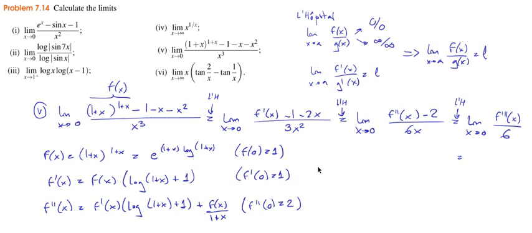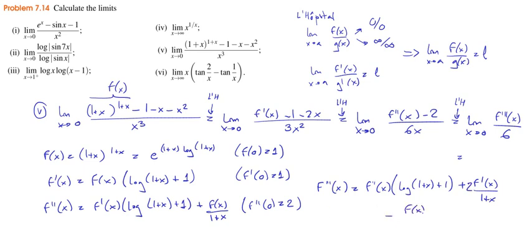And now the third derivative of f, let me write it here, for instance. The third derivative is going to be the second derivative of this times the logarithm of 1 plus x plus 1, plus the derivative of this times f prime, so f prime divided by 1 plus x, and then plus the derivative of f divided by this, so this is 2 times this, and then minus f divided by 1 plus x squared, okay?